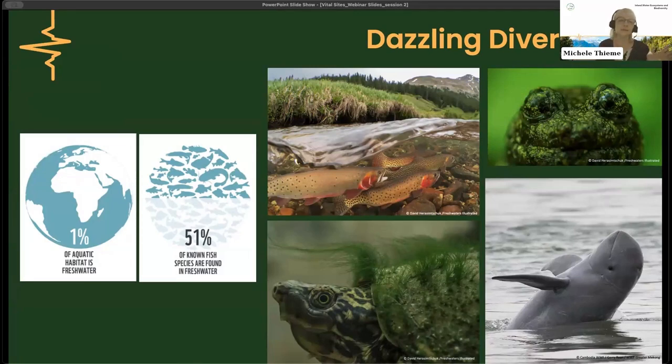And that includes about 12% of described or known species, 1/3 of all vertebrate species, and believe it or not, about half of all fish species. The oceans are vast, but over half of fish species are actually found in fresh waters. And new species are being described every year.